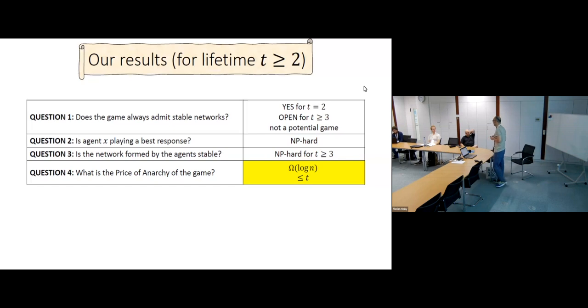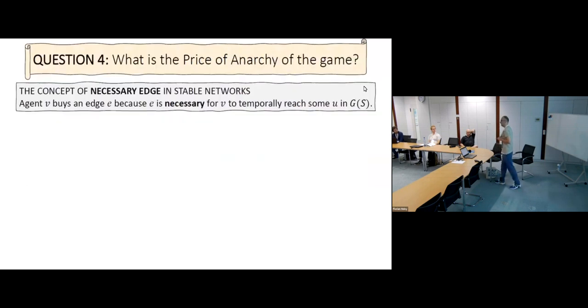To overcome this problem, we provided a second upper bound to the price of anarchy that does not depend on the lifetime of the host graph. The other upper bound we provided exploited the concept of necessary edge in stable networks.